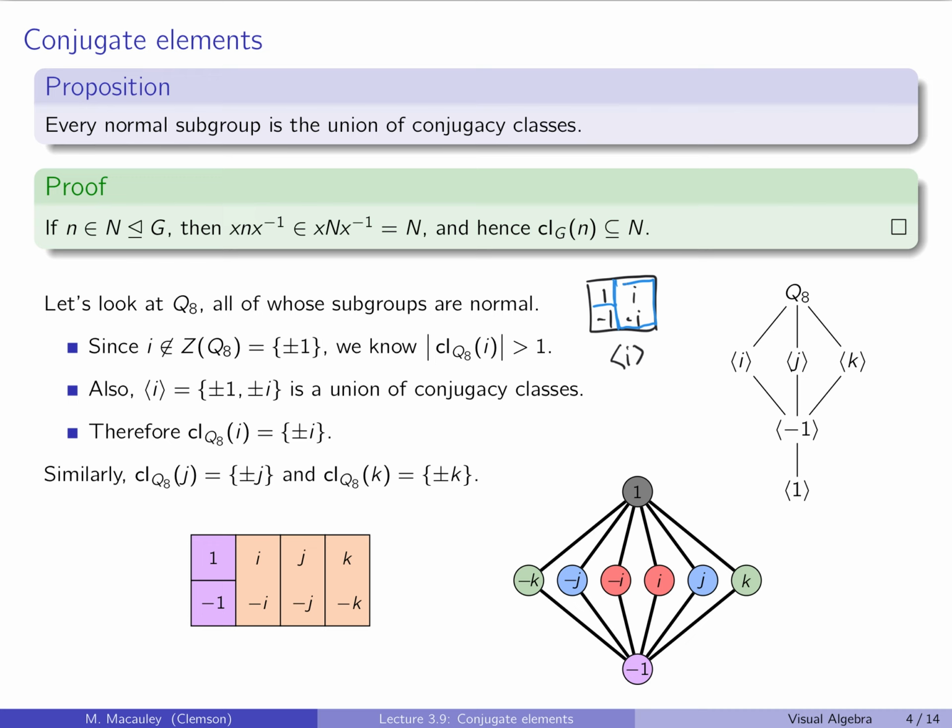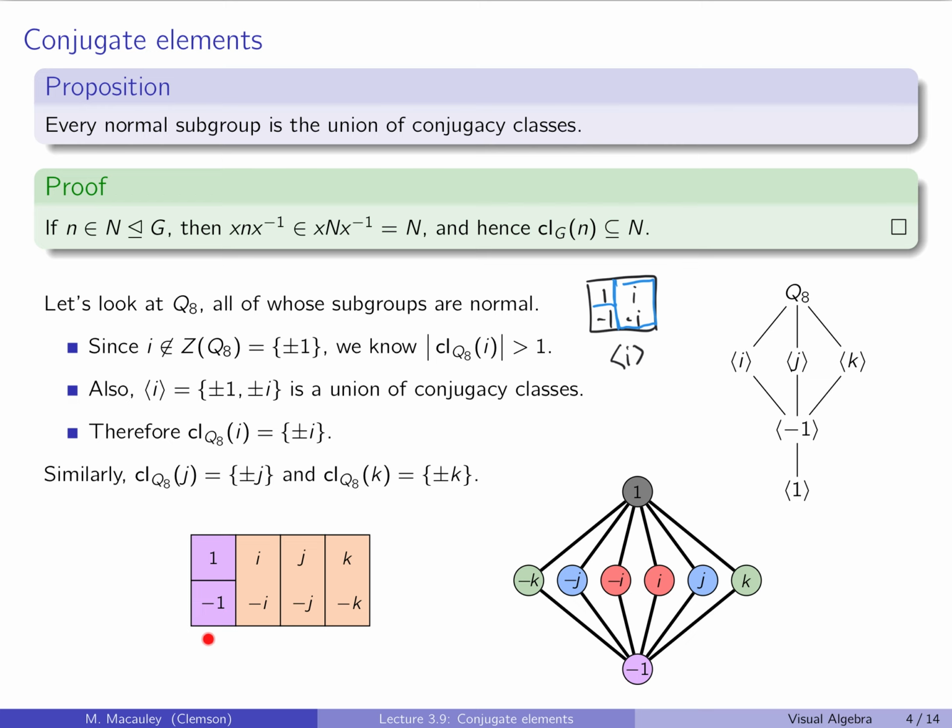Similarly, we can conclude that the conjugacy class of j contains plus or minus j, and the conjugacy class of k contains plus or minus k. We can use the same argument by just replacing this i with a j or a k. Here is the partition of Q8 into conjugacy classes.